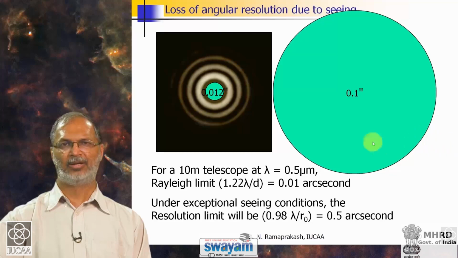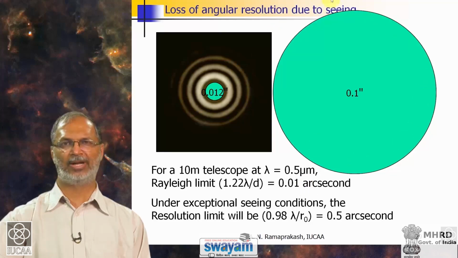And if you plug in the numbers, you will see that the image of the light of the star spreads over a size of 0.5 arc seconds. So, while all the light from the star should have been confined to an area of the telescope focal plane corresponding to 0.01 arc second, here is a situation where it is spread out over 50 times that diameter or 50 times that radius.